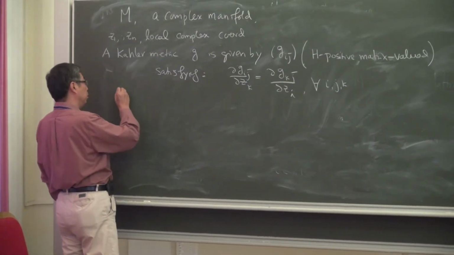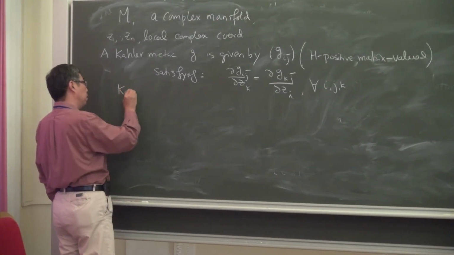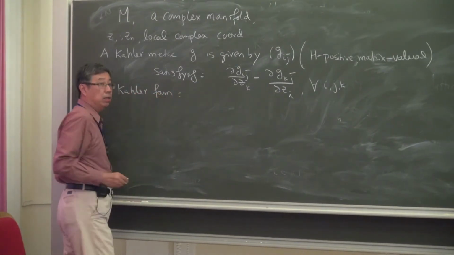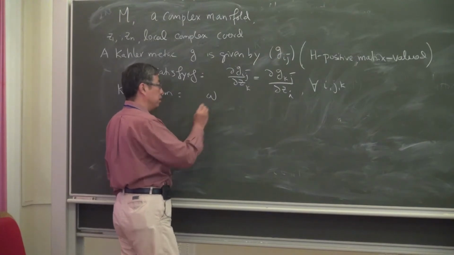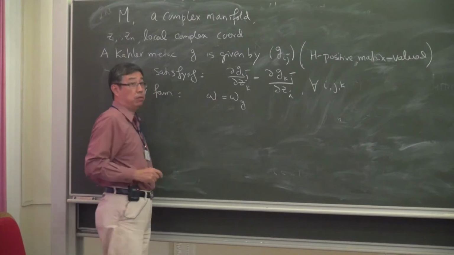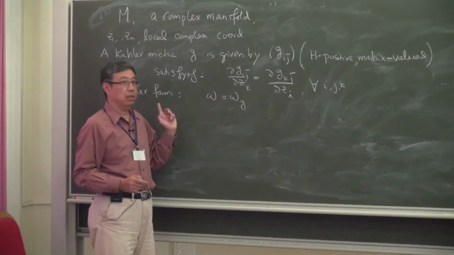Usually what we do is use the Kahler form, let's say omega. Sometimes I write omega g, but for simplicity, sometimes I drop this index.